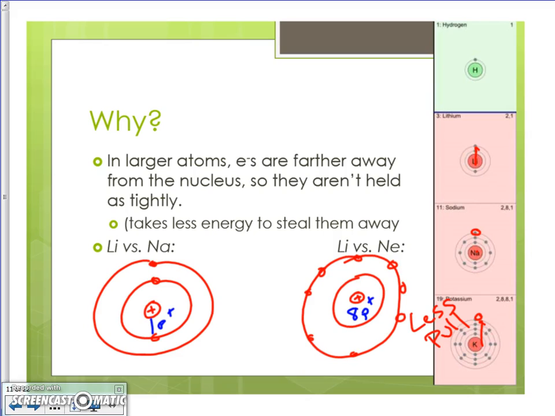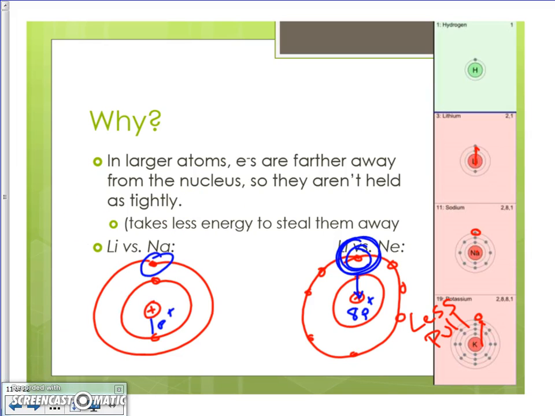So this one is the same distance as this one, but 1 proton versus 8 holding it in, it's going to be harder to pull this electron out because of that greater attraction towards the more positive nucleus. Again, opposites attract. That's going to be a continuing theme throughout this part.